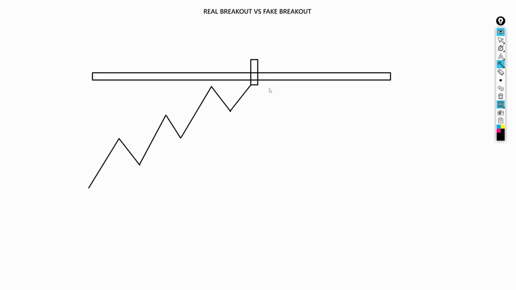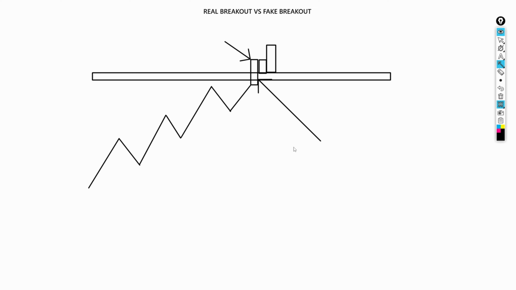Now, once you know that this is a real break, what you will do, you will wait for the price to go down, and then you will wait for the break from this particular high. Once you have a break, now this particular break was a confirmed breakout. It was caused because of real buying pressure and it's not a trap. So that is how you can spot a real break.